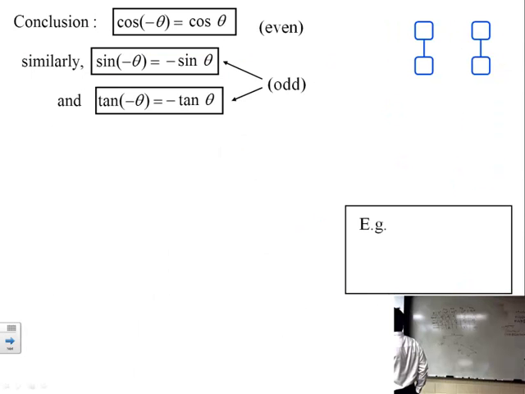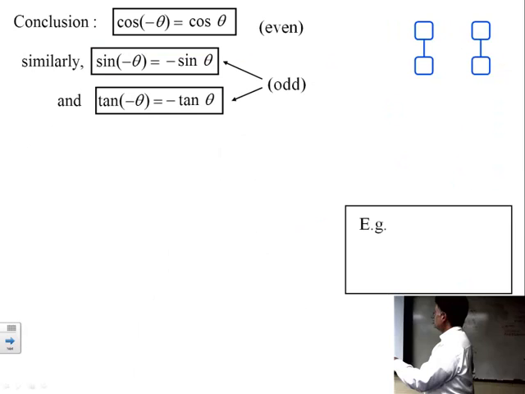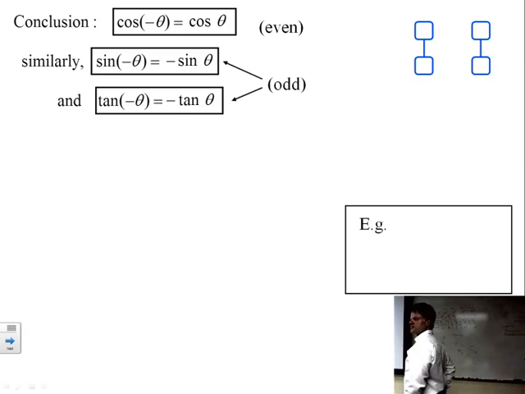All right. So we get some more identities. Cosine of negative theta is cosine of theta. Any function that satisfies f of minus x is equal to f of x is called an even function. Its graph looks the same reflected in the y-axis, the same on one side as the other.